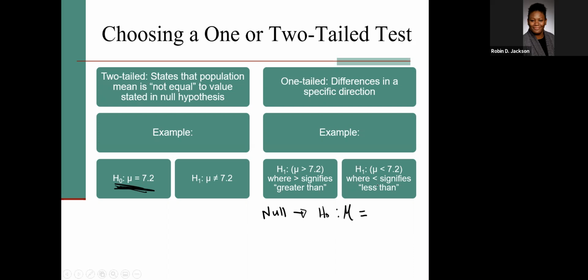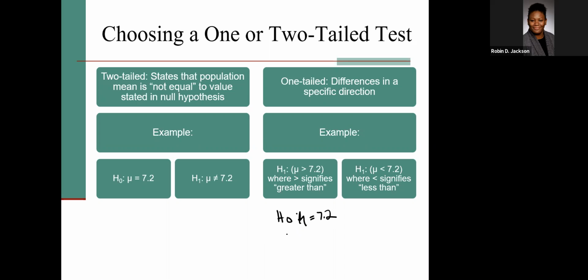All right. So over here, I'm going to try this again. Over here, if we have a one-tailed test, we would write out for the null H0 and then the population mean equal to 7.2.